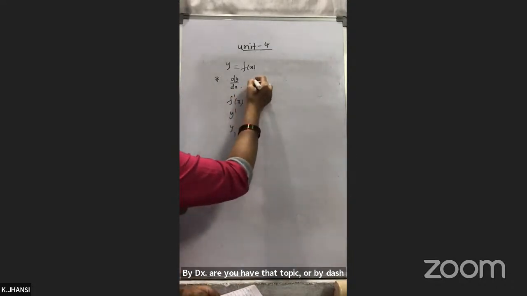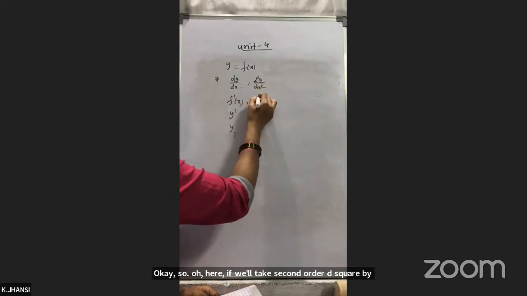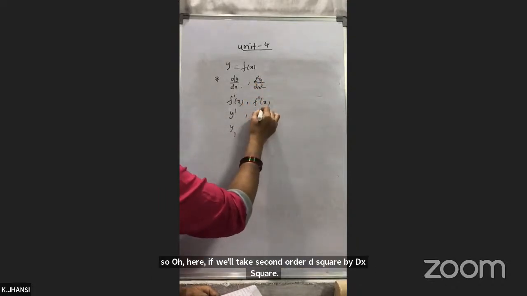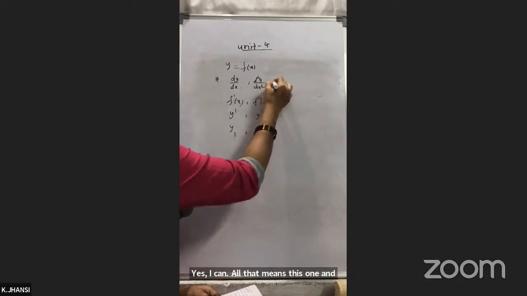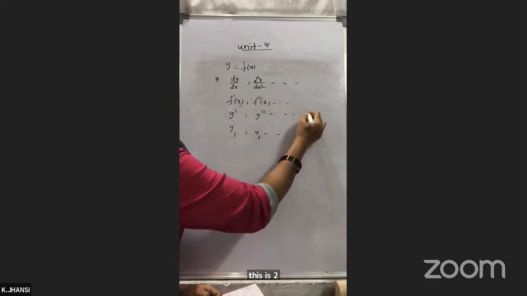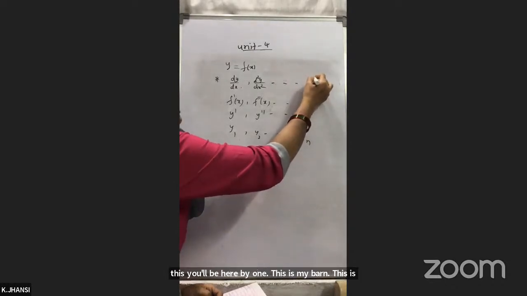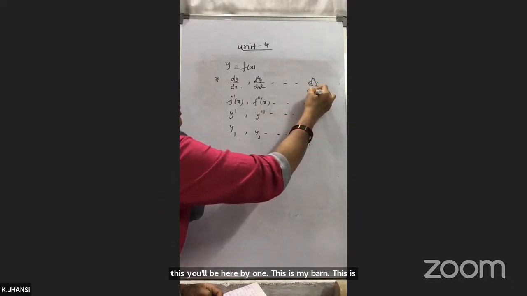Here if you take second order, d square y by dx square, second order means this one and this one, and this is 2. If you go on doing the differentiation, you will get y1, y2, up to y power n, this is yn of x, this is d^n y by dx^n.